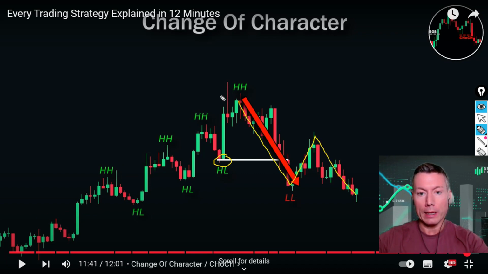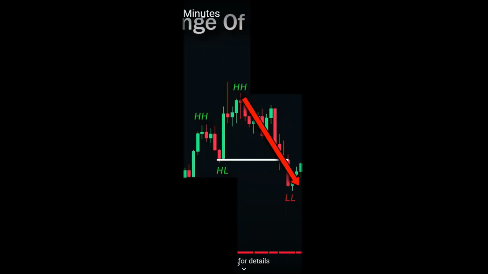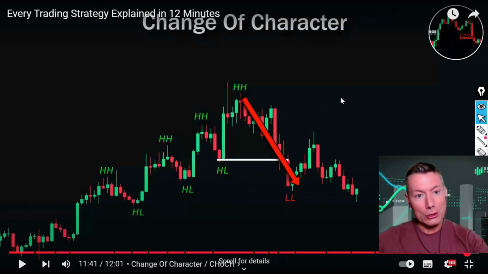We're now getting lower highs, lower lows. And these are the things that you must know and understand. You need to understand the structure and trend you're in, and you need to know exactly when that structure breaks and therefore trend changes. So yeah, that is every trading strategy explained in 12 minutes.